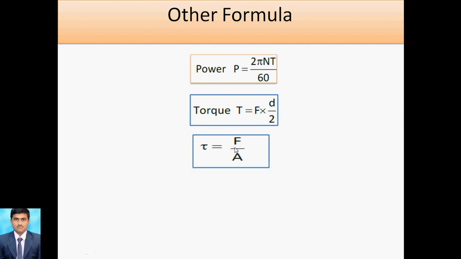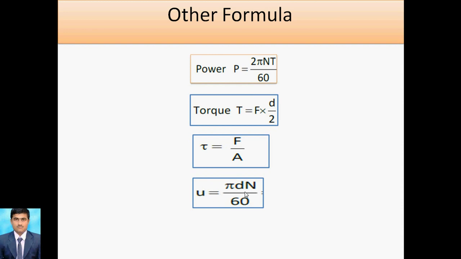Next, shear stress is force upon area. Force is in terms of Newton and area in terms of meter square, so the unit is Newton per meter square. Then U is the velocity.